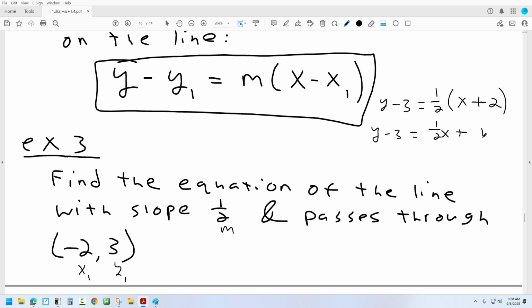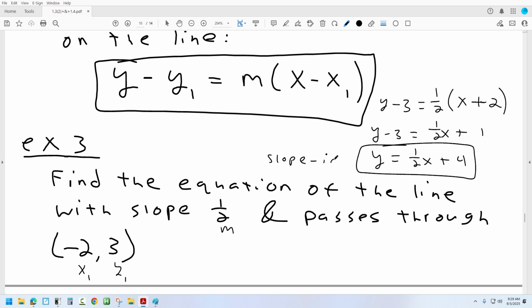And then what would be my last step? Yep. Add 3 to both sides. So there's your answer in slope intercept. And this one right here, that is point slope. Any question on how we got the point slope or how we converted it to slope intercept?